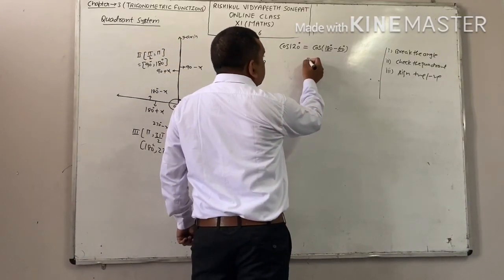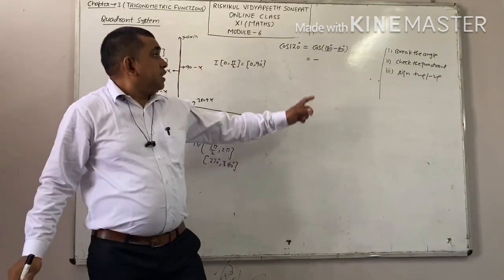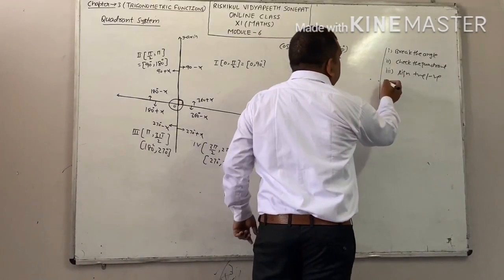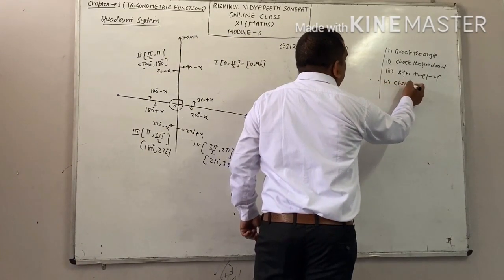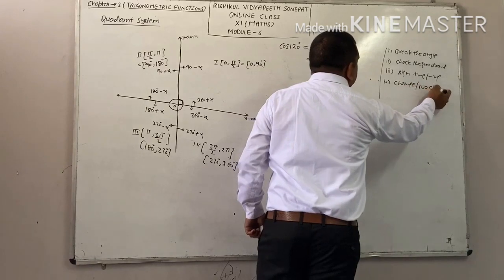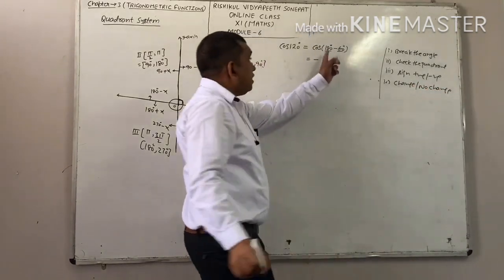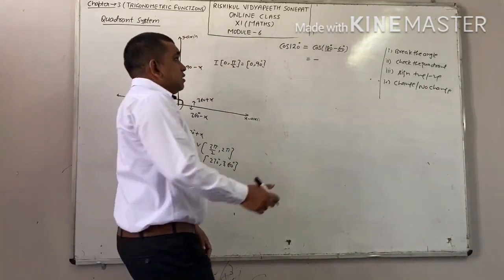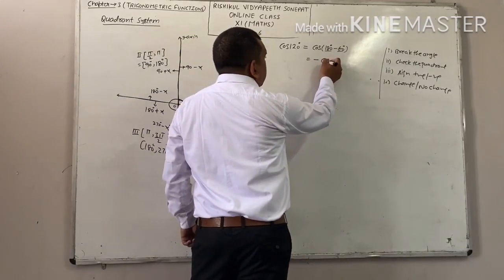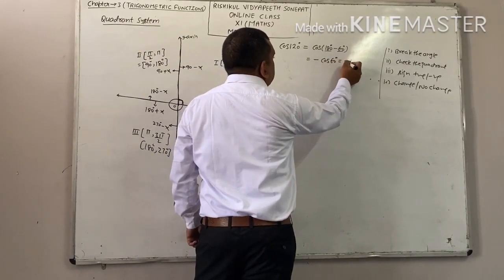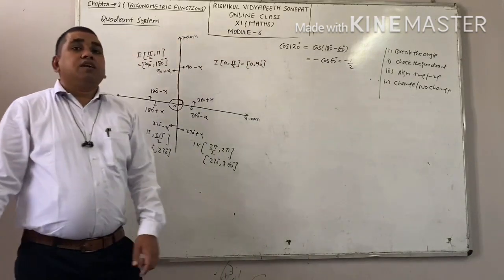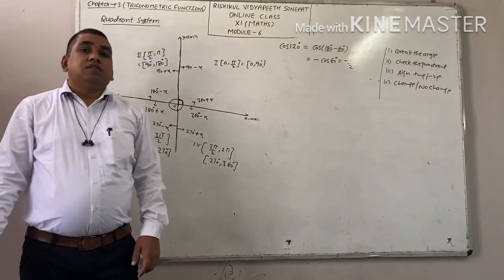Negative. Next, change or no change? In 180 degree, I told you no change. Cos will remain cos. Cos 60 and cos 60 is 1 by 2. In this way, you can find out the value.